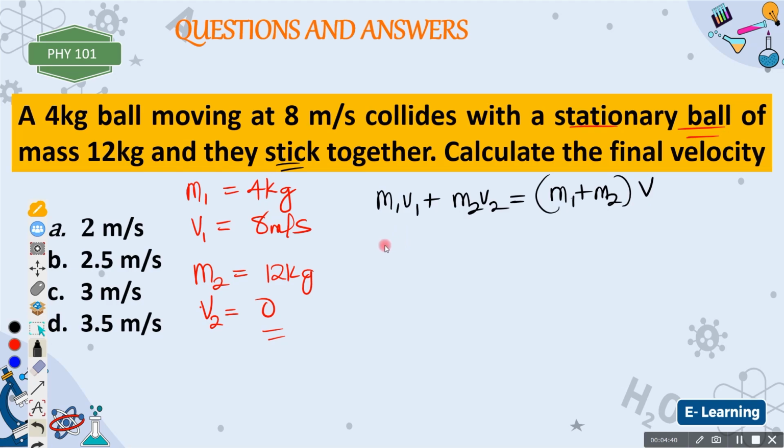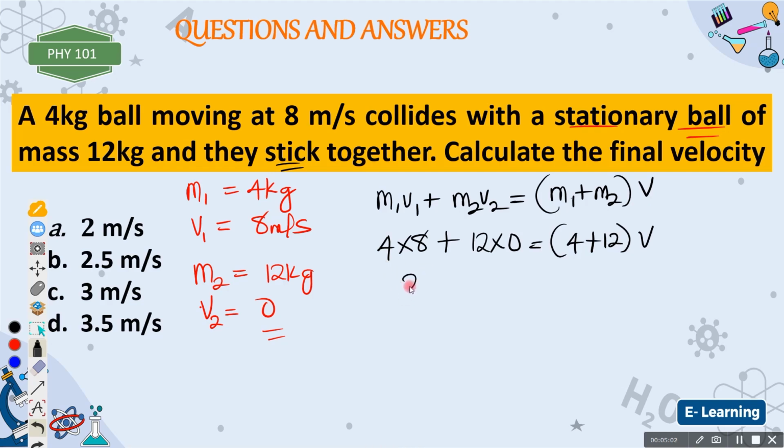So of course this will give us M1 is 4 times V1 is 8 plus M2 is 12, V2 is 0, is equal to 4 plus 12 bracket V, which you are looking for.